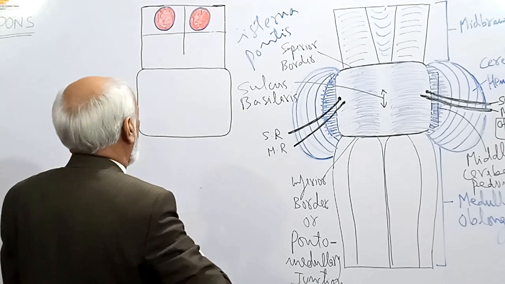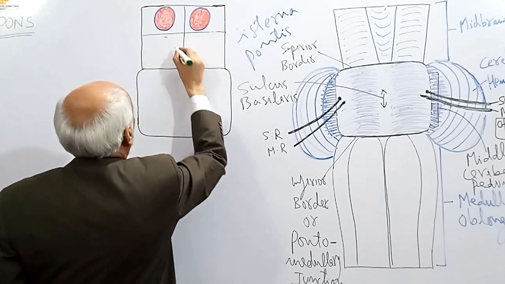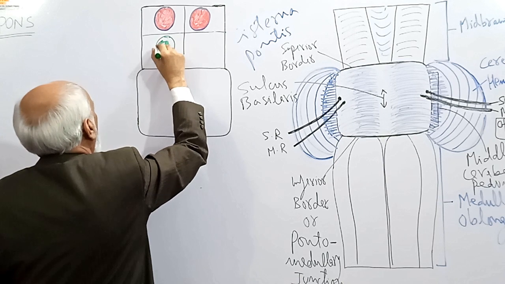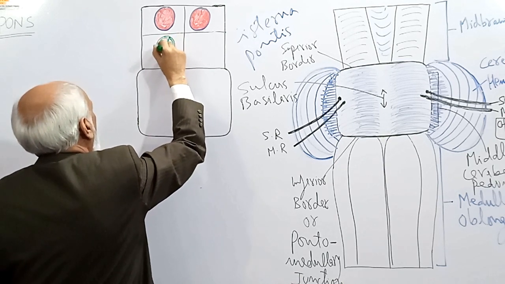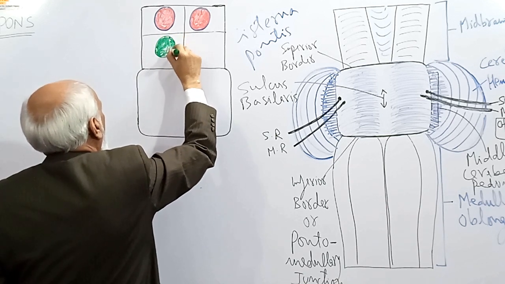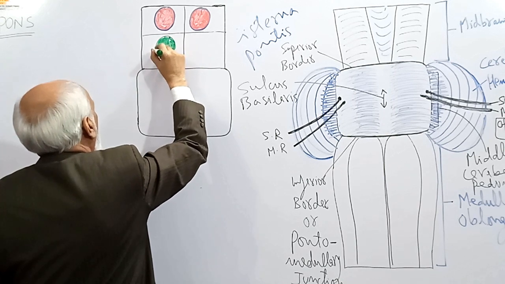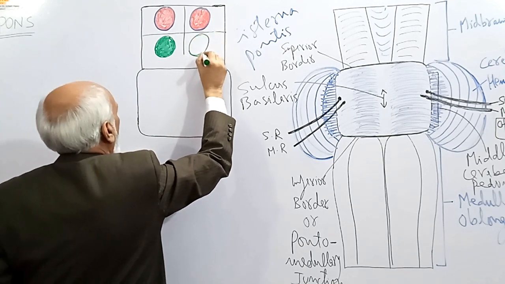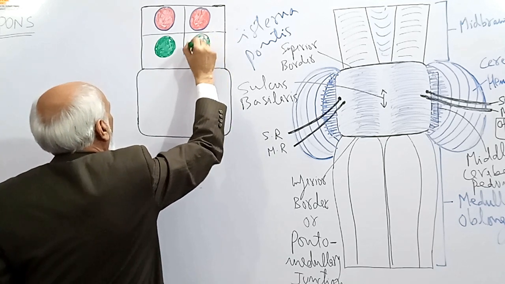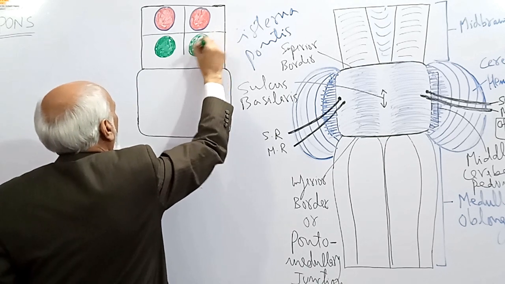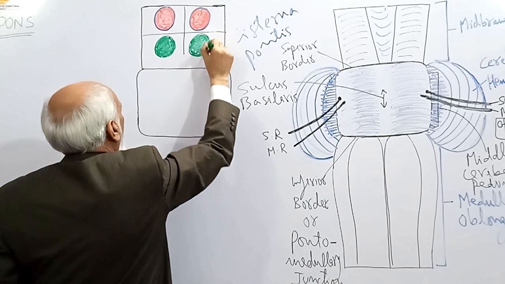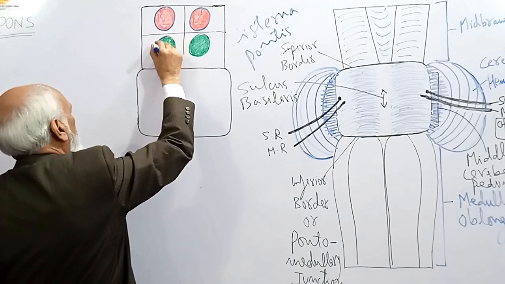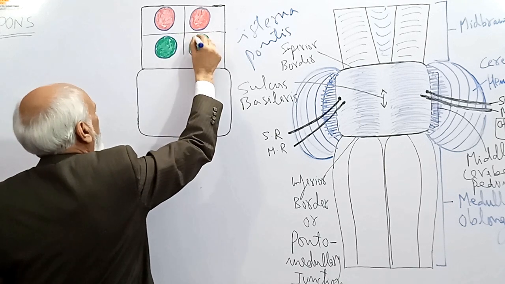Below that, a pair of inferior colliculi, separated by the cruciform sulcus.